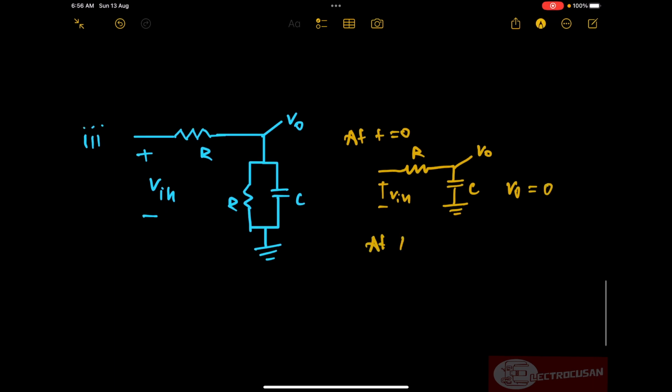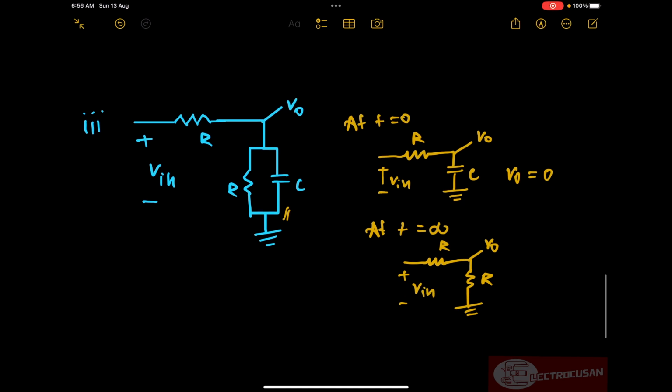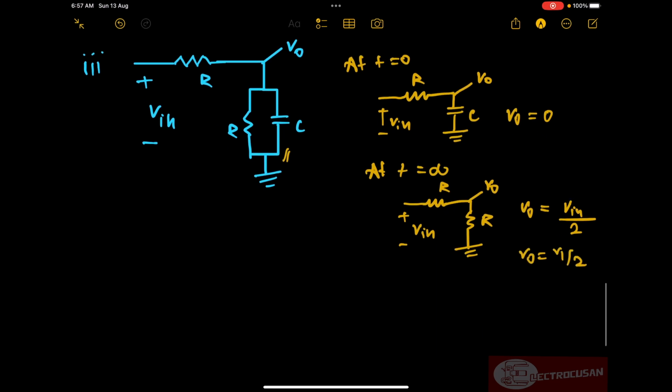Okay, and at t equal to infinity, the equivalent circuit of this is just a resistance, right? R, this is V out, this is V in. So V out in this case is just a voltage divider circuit, which is V in divided by 2, which is equal to V in by 2. This is your V out.